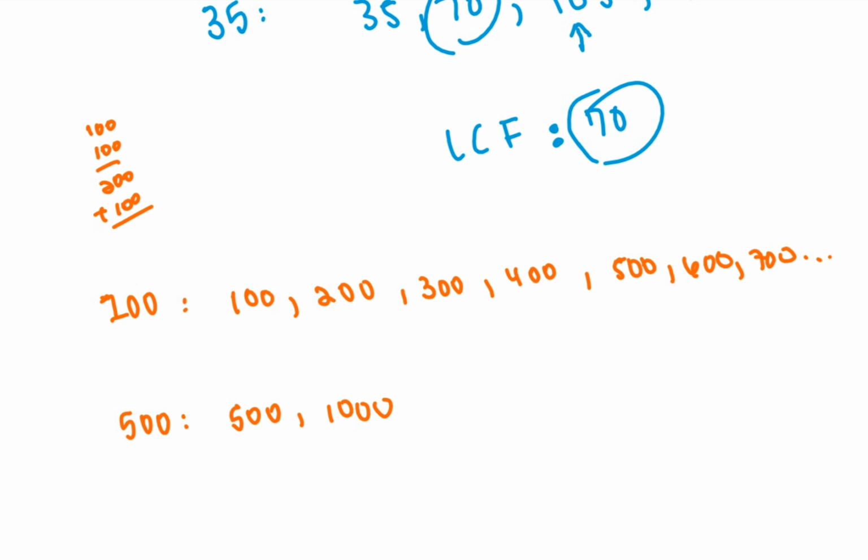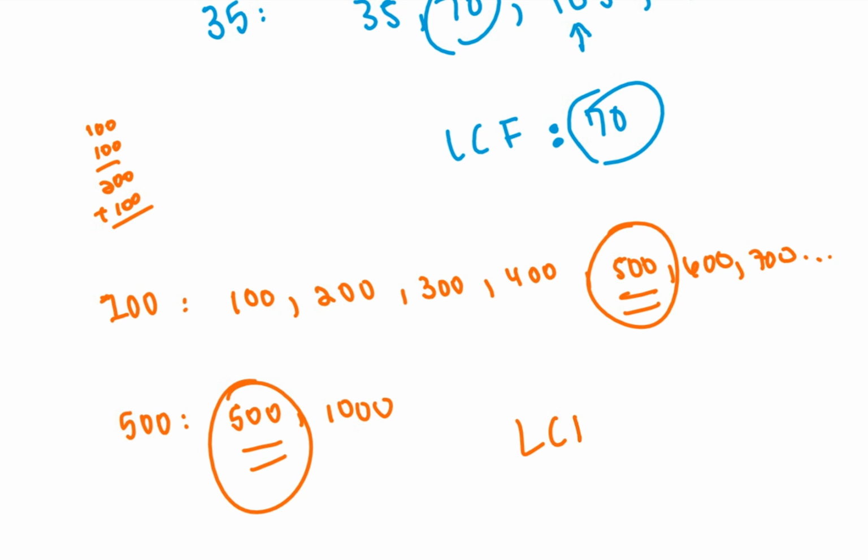So that's what a multiple is. So with 100 we have 1, 2, 3, 4, 500. See 500 right here. You have 500 right here. The least common factor of 100 and 500 would be 500.